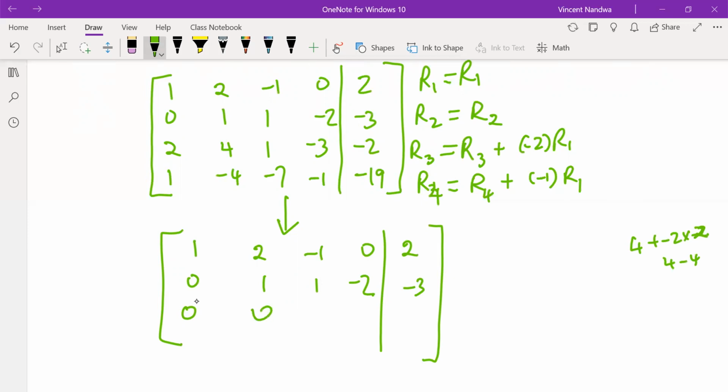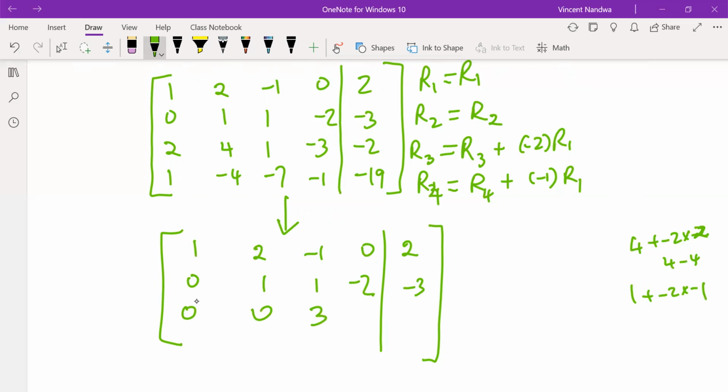So I'll have 0 here. And then 1 plus minus 2 times minus 1. So 1 plus 2 is 3. So I'll have here 3.